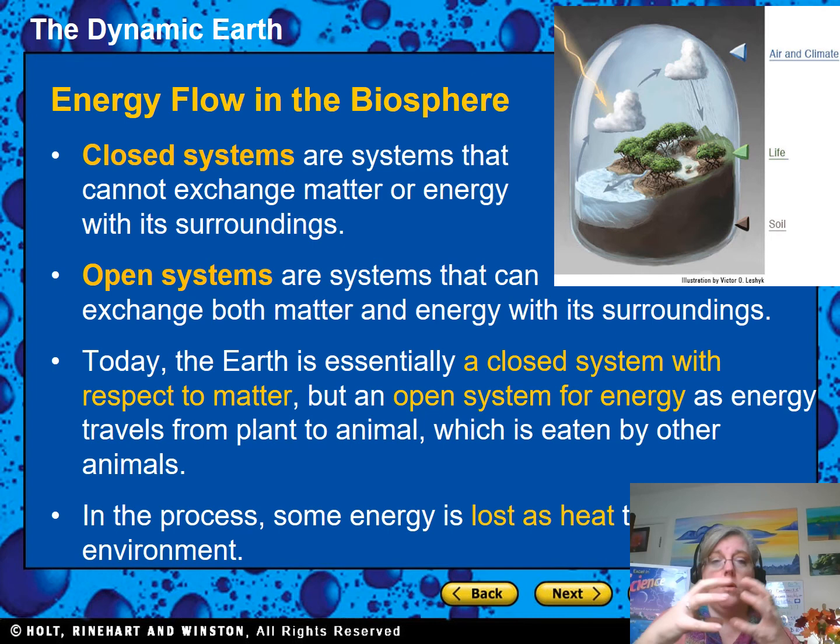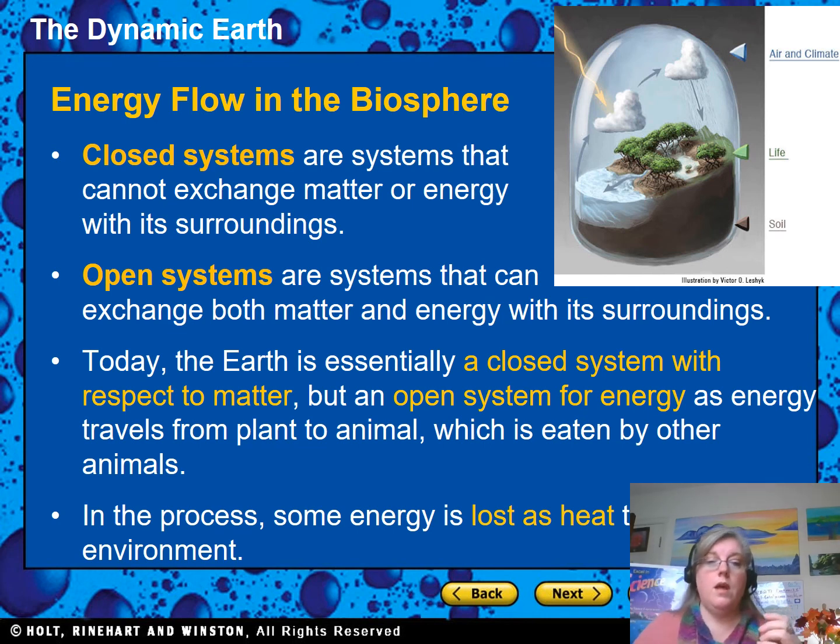This is all we got. So the Earth is a closed system for matter and nutrients, but it's an open system for energy. Remember that you can get more sunlight in as much as you need it, and most of the time we can get plenty of the heat out. Okay, except we're messing up the atmosphere, but we still get a lot of heat allowed out. Not enough, but we're getting there.